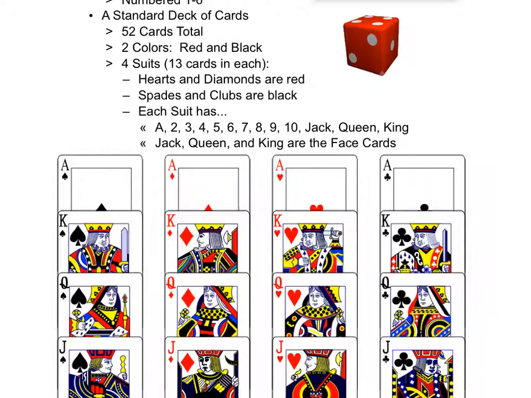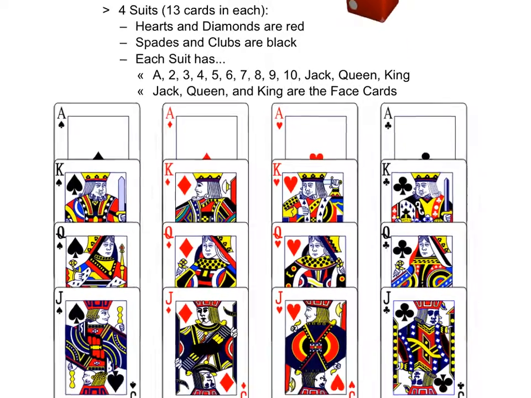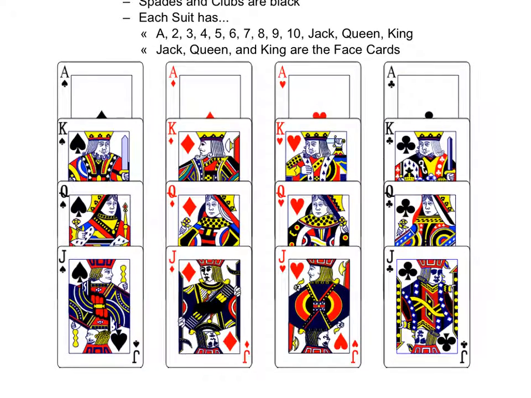All right? Now, notice each suit starts with ace as the number 1, and then it counts up to 10. And then we have jack, queen, and king. And those are known as the face cards, all right? Because they have people's faces on them. All right? So, that's the standard deck of cards.